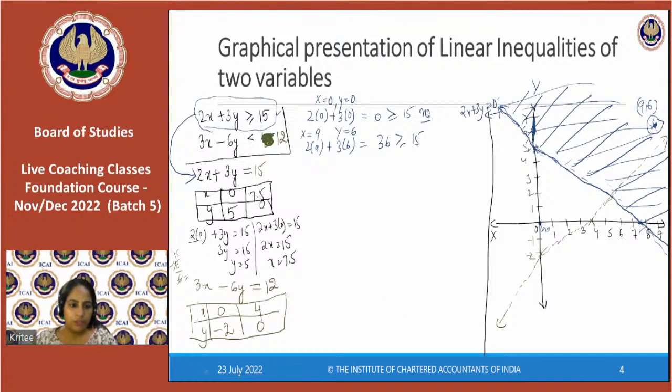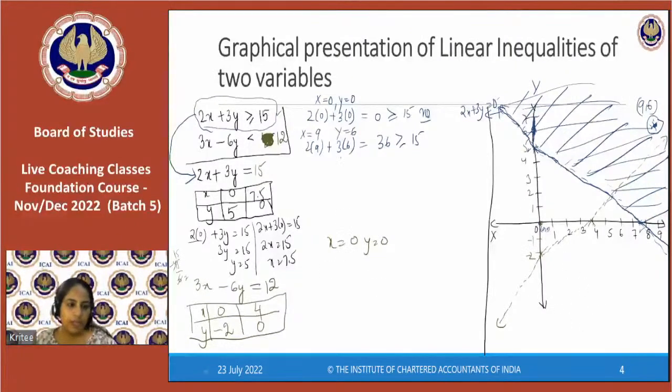Okay. You understand plotting of line here? Once again, now what I will do is I'll try to find out if this condition is being satisfied with my arbitrary answer. Arbitrary answer was x equal to 0 and y equal to 0. So again, for the purpose of shading, if 0 comma 0 satisfies my condition, I will shade upward towards 0. If 0 comma 0 is not satisfying my answer, I will go against 0 0.